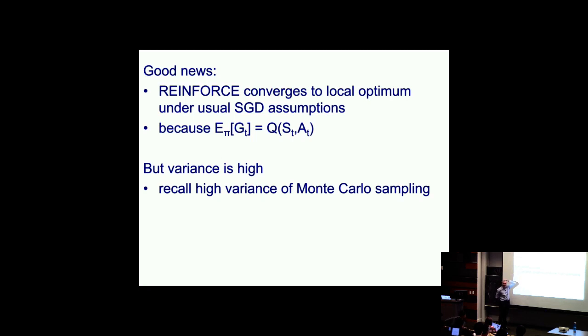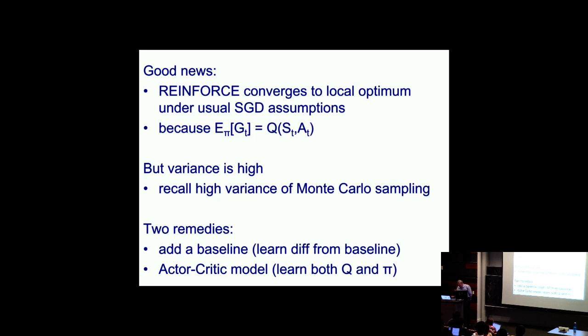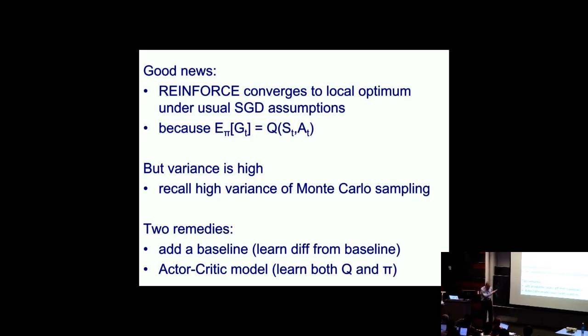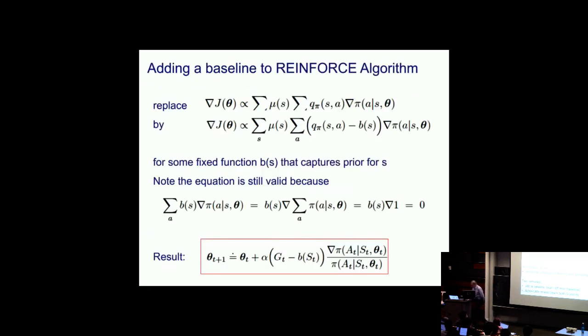The bad news is that the variance is high. We talked about this when we talked about Monte Carlo sampling, and it's the same story, the same reason that the variance is high. Now, we said that in an informal way before. With this algorithm, we're actually going to look at 2 ways of reducing that variance problem. One is adding a baseline, one is the actor-critic model.